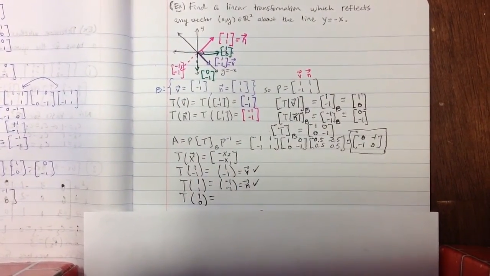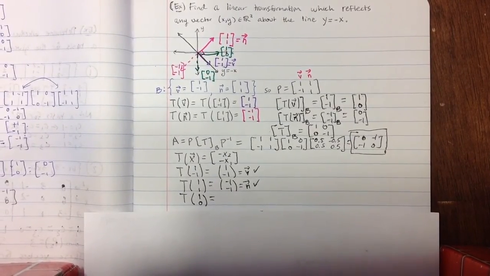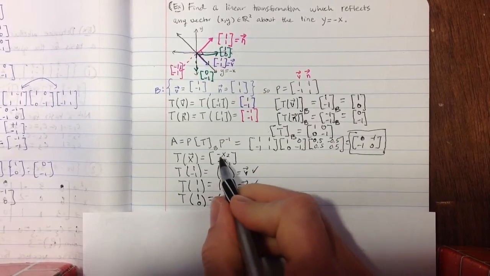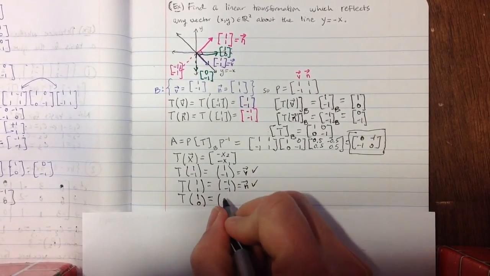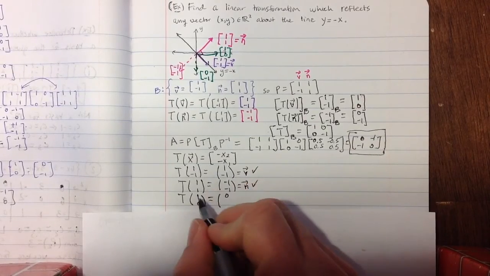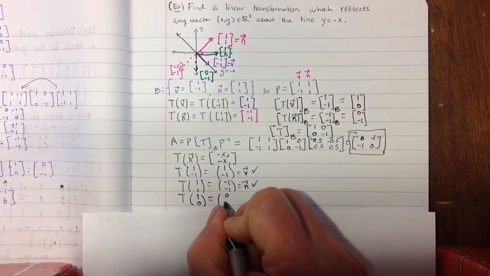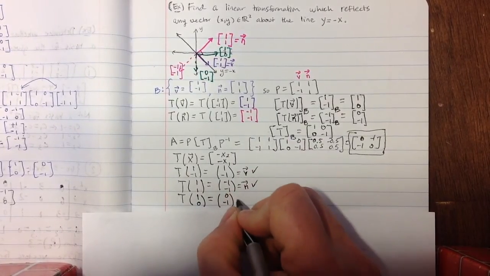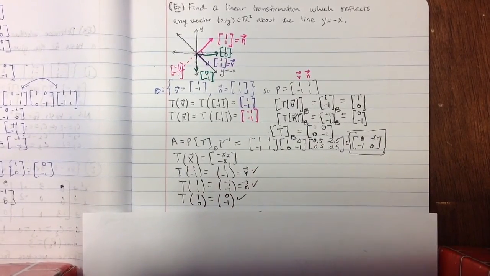Let's give it a try. So I get negative x2, my x2 is 0, so negative 0 is still 0, and now I have negative x1, and my x1 is 1, so I get 0, negative 1. Hey, that's just what we wanted. So this transformation will work.